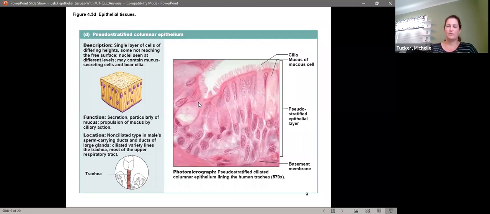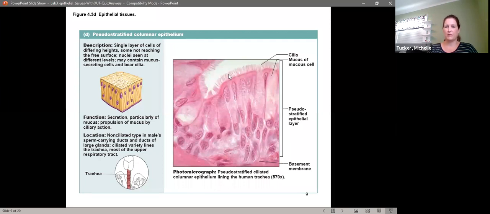And in both simple columnar epithelium and in pseudostratified ciliated columnar epithelium, you will find goblet cells. Goblet cells secrete mucus. So in the preceding tissue, the mucus was used for protection. In this tissue, that mucus is going to serve to entrap particles.